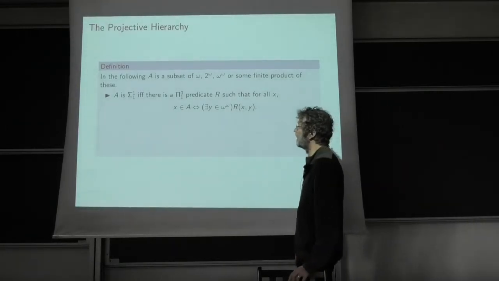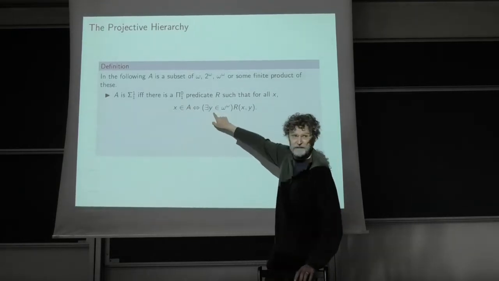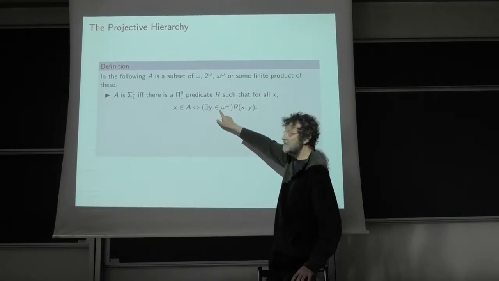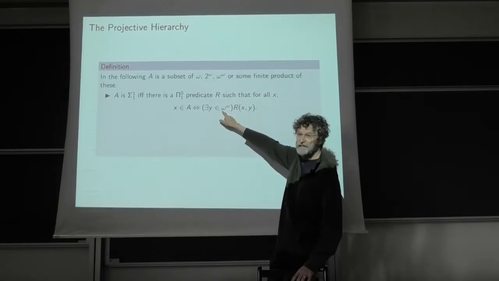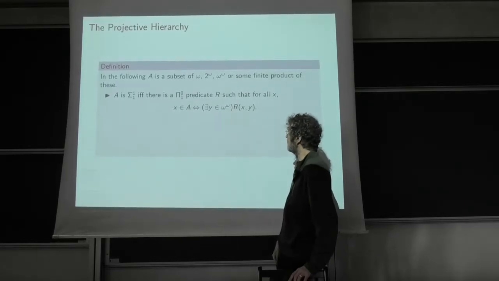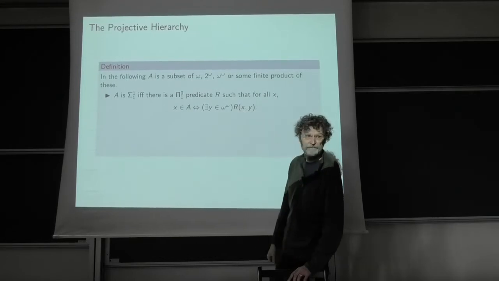Okay, sigma 1, 1 is: X is in if and only if there exists an element of omega to the omega, so that's an infinite sequence of natural numbers. It doesn't have to be binary. An infinite sequence of natural numbers such that this pi 0, 1 predicate holds. Okay.